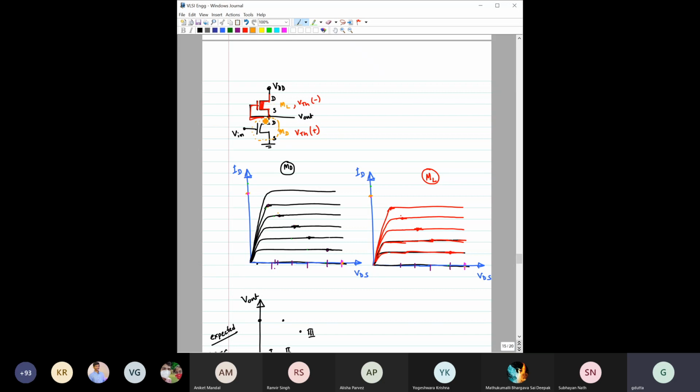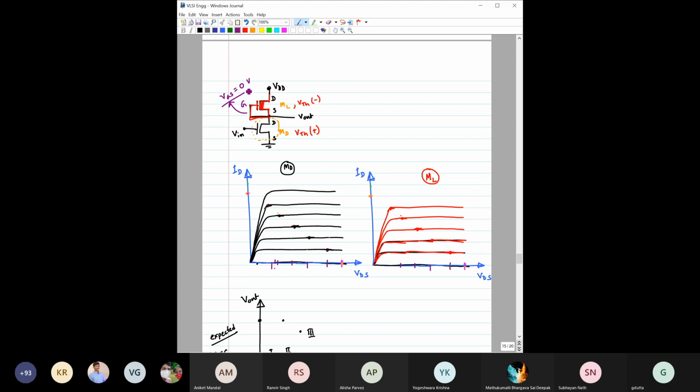This is a depletion mode MOSFET, right? And how have we connected this? We have to be careful. See, this is the gate terminal. Now the gate terminal has been connected with the source terminal, shorted. Then what is the VGS? What is VGS for this? 0. So we have set this VGS voltage to be equal to 0, right?